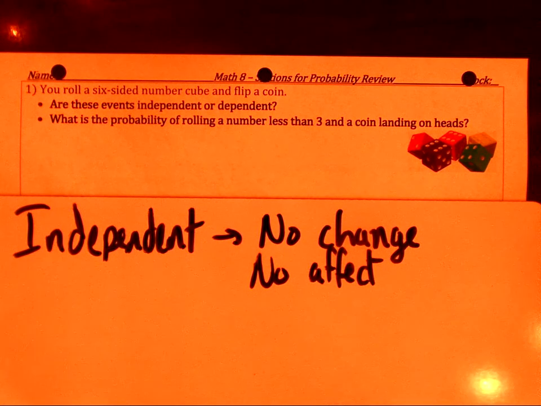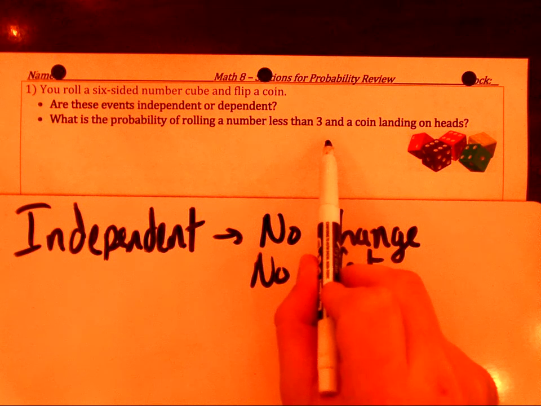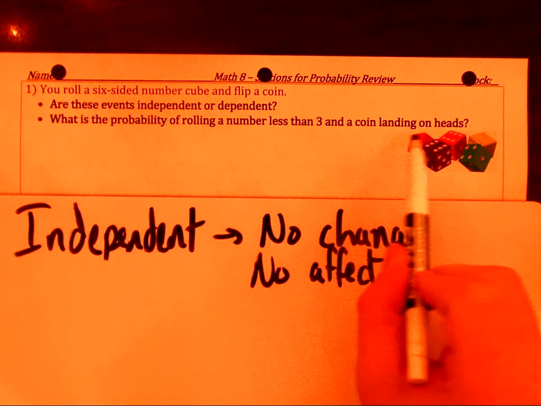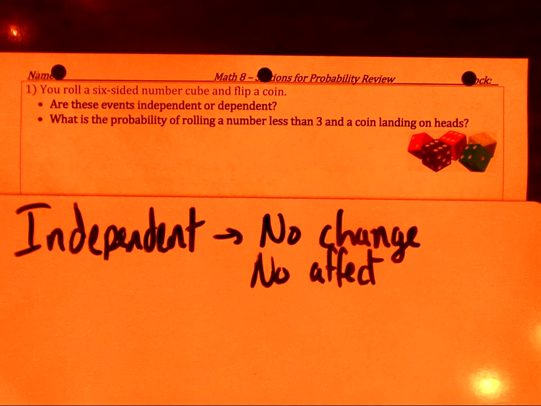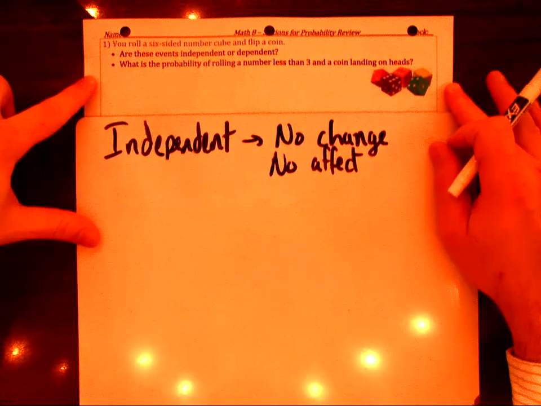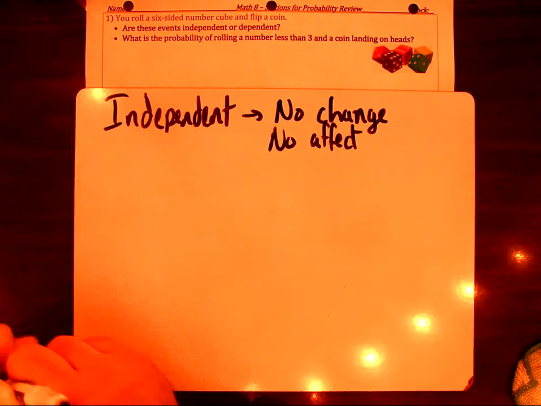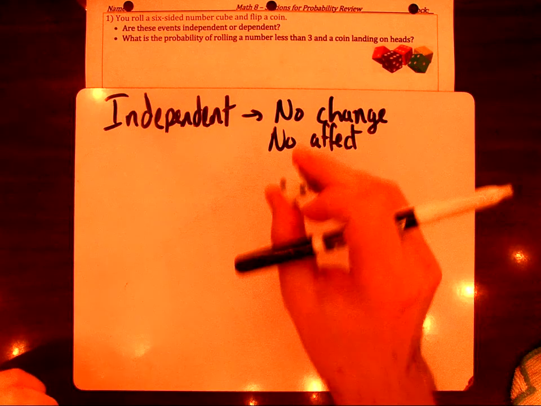Alright. And it says, what is the probability of rolling a number less than 3 and the coin landing on heads? So let's kind of back out a little bit here so you guys can see. I'll scroll up. Alright. So what does that sample space look like for our number cube first?